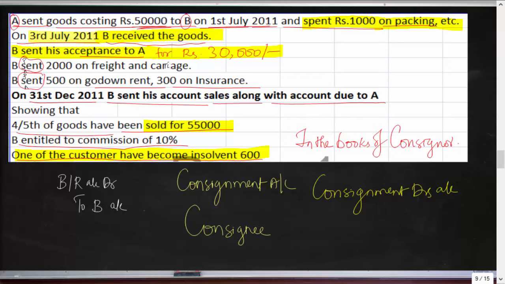Next, B spent 2,000 on freight and carriage. That's what we have here. So this money was spent by B on behalf of A. It means it is an expense on consignment, and that should be paid to Mr. B. So it's an expense on consignment, so consignment account should be debited, and since it is payable to B, B's account should be credited.